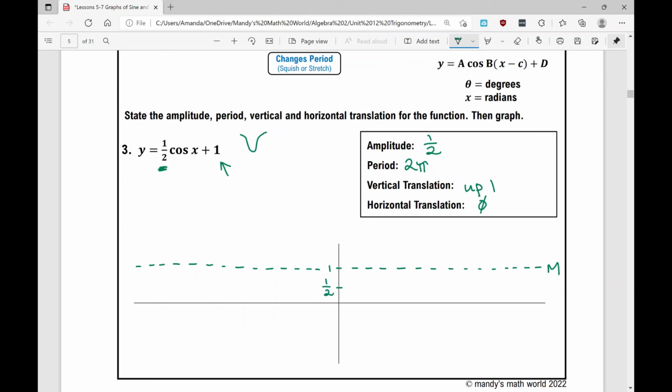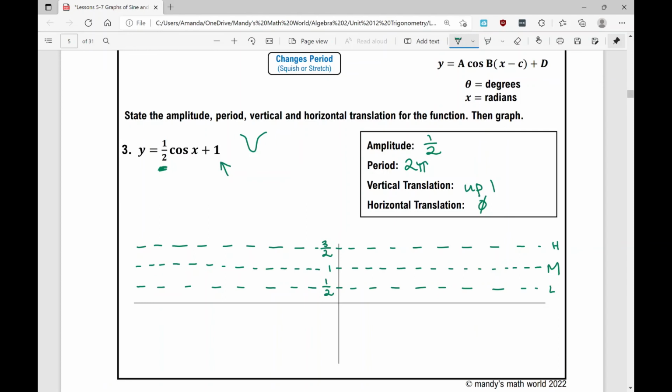There's 1, and there's 1.5. I like to write 1.5 as an improper fraction, which is 3 over 2. Here's our low line, and then here's our high line. I don't know if I've drawn all of these dotted lines on any other example today, but I'm going to for this one.